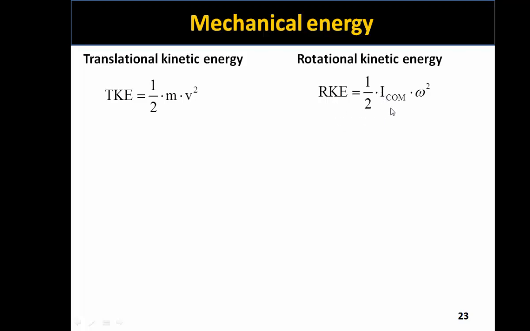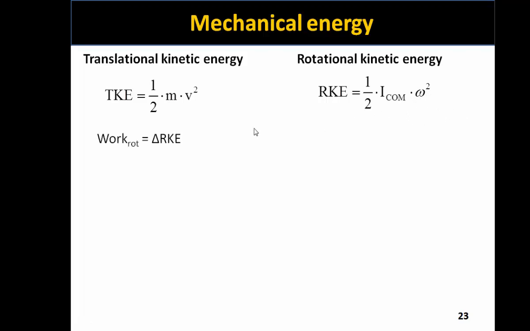So in this example, we're going to use the moment of inertia of a rotating object, assuming that object is rotating about its center of mass, times the angular counterpart to velocity, which is angular velocity. And just as a reminder, when we talk about our angular velocity, those must be expressed in radians per second.